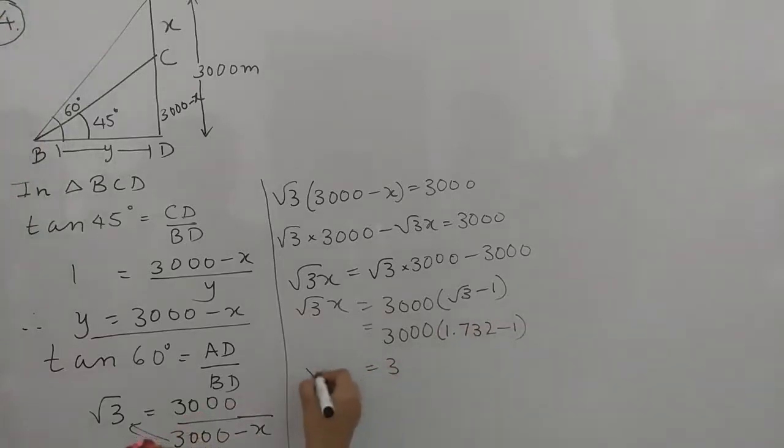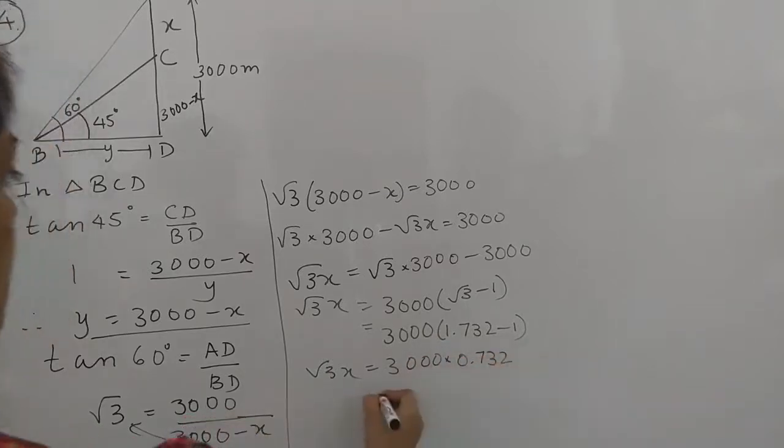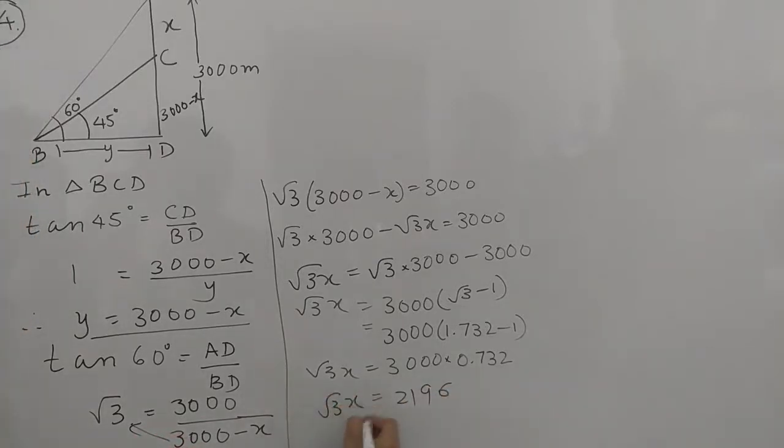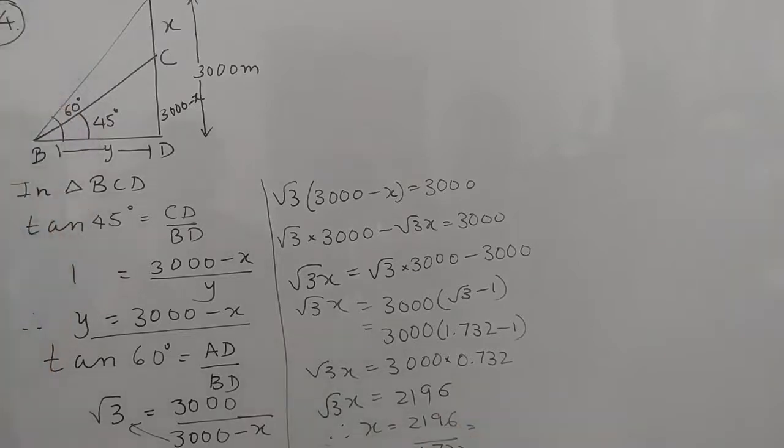So root 3x is 3000 into 0.732, which gives 2196, and this is root 3x. So I get x is equal to 2196 upon 1.732.